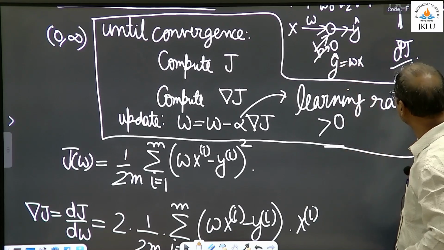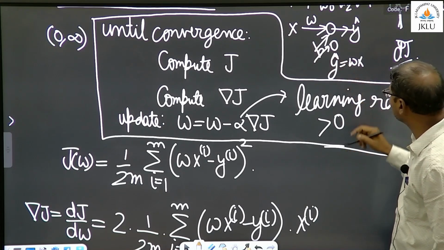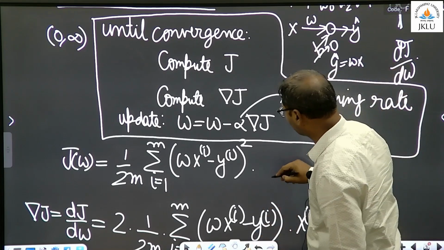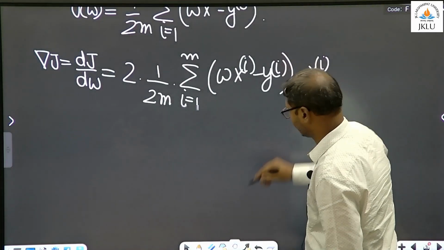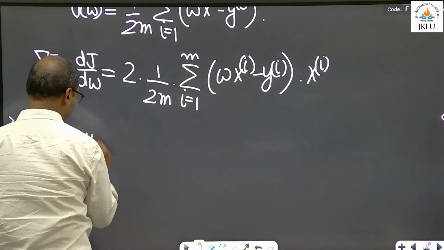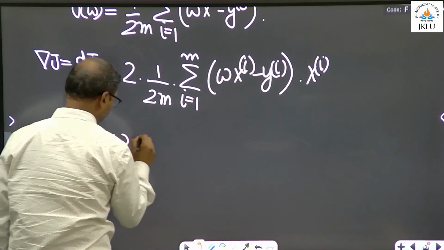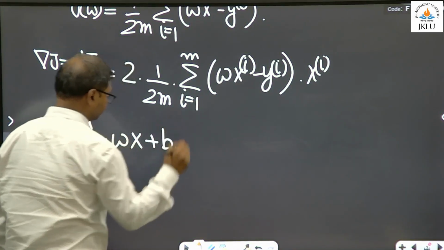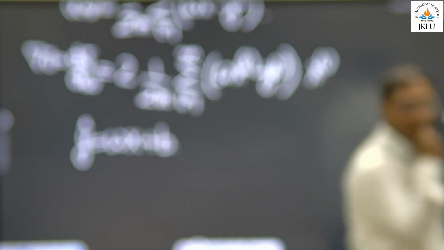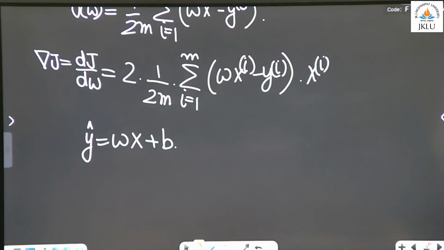So we have equation not y hat equal to wx now, rather what we have is y hat equal to wx plus b. Do this. How will this algorithm run now?